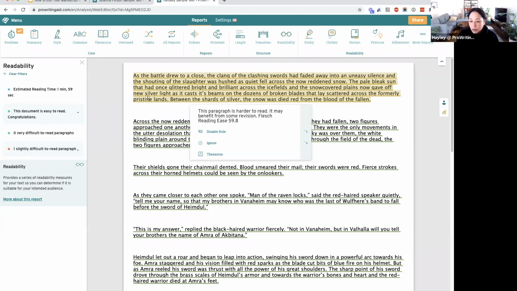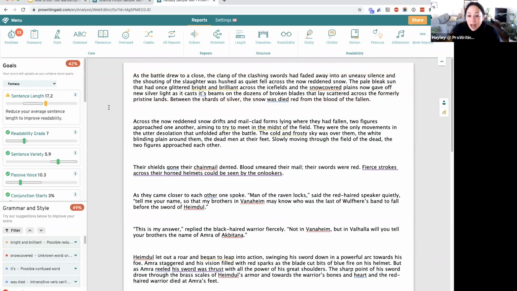That way you're not going through your whole document, you're just zooming in on the spaces where you'll have the most impact if your readability score is too high. So again, there are multiple options here that can help you make your readability more effective, without just sitting there thinking, okay, my readability is too high. What do I do from here?